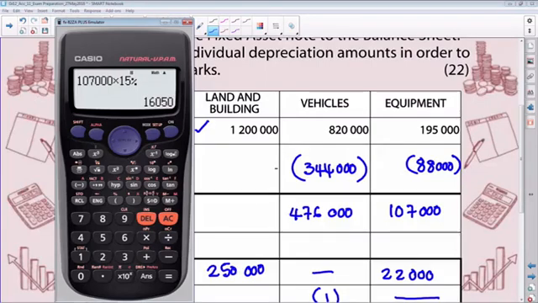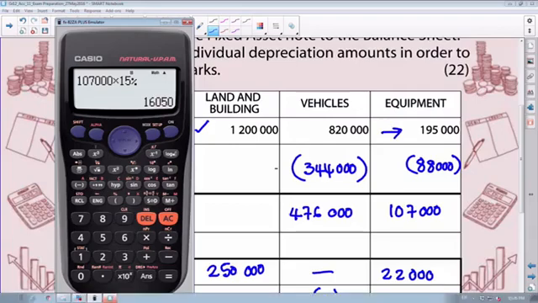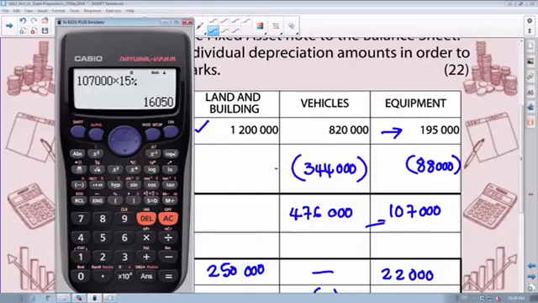16,050. Right, now what did I do? Did I calculate my depreciation on the 195,000? No. Why not? Because it's diminishing balance method. On which amount did I calculate my depreciation? On my carrying value. There it is. On the 107,000 Rand. 15%, because that was equipment that I had for the entire year.